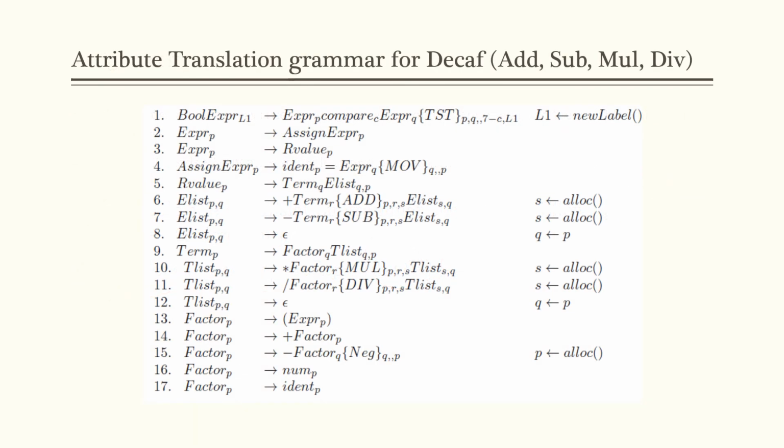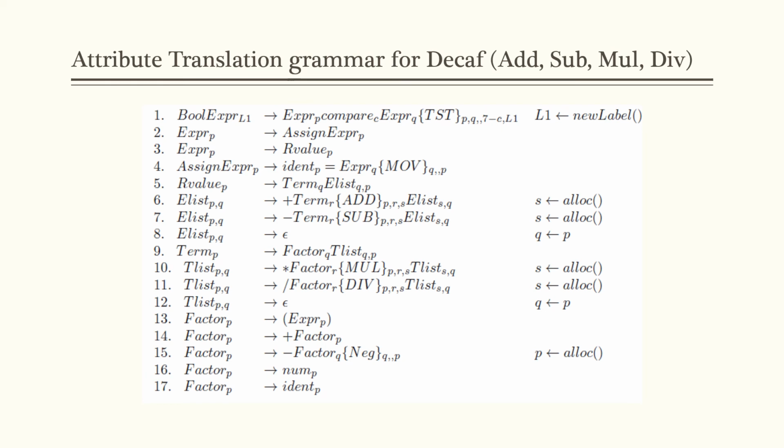So this is the overall summary of the attribute translation grammar example, the example for the CAF. This CAF is the attribute translation grammar for addition, subtraction, multiplication, and division. You can have a look at these attribute translation grammars one by one. You will see the TST when they come with a Boolean expression, because they want to compare two expressions.